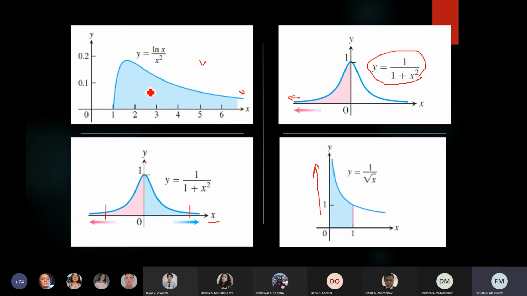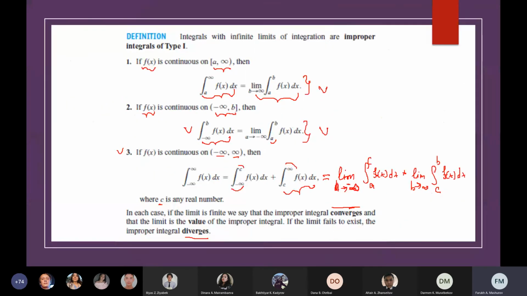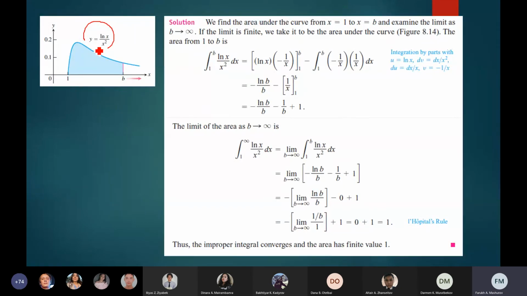What will be the area of this object when we let x approach infinity? So firstly we just find the integral from 1 up to b, as you see here. We firstly find the integral of ln x over x squared, and to find the integral of this object we used integration by parts, and our solution was this function.